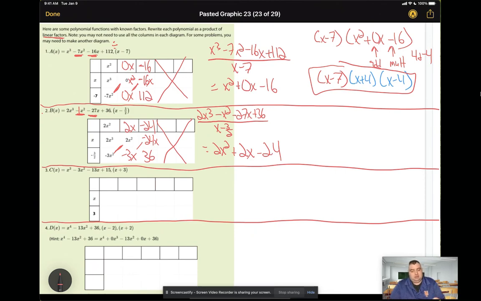Okay, so right now, just like before, my two factors are going to be x minus 7 and then 2x squared plus 2x minus 24.